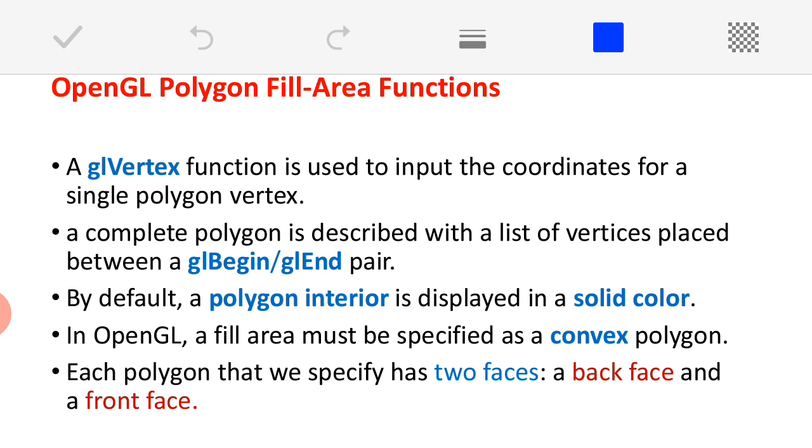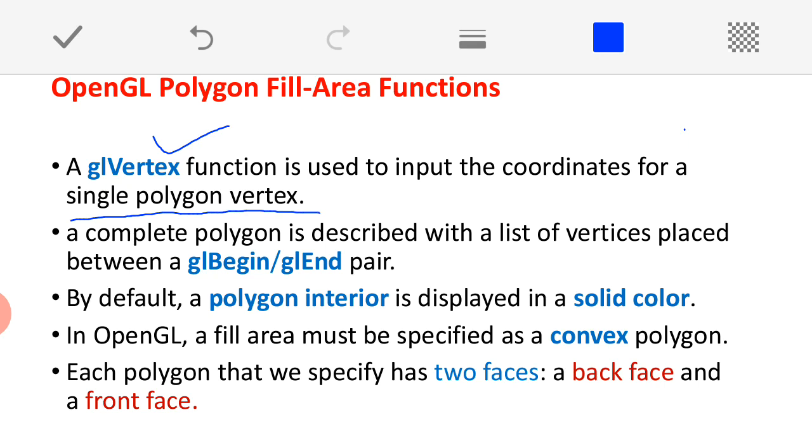Another important thing is, any polygon is made up of a number of vertices. As all of us have already learnt, the very basic primitive function available in OpenGL is the glVertex function. Using the glVertex function, we draw a point, that is a single polygon vertex.